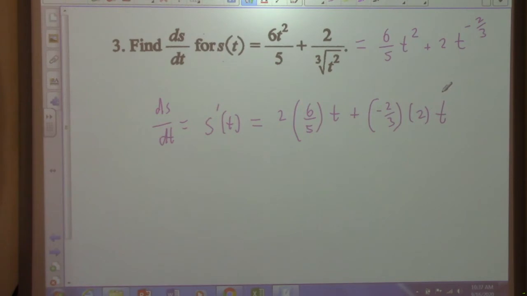Negative 2/3 minus 1 would be negative 5/3, because negative 2/3 minus 3/3 is negative 5/3, right? Yes. So negative 5/3.